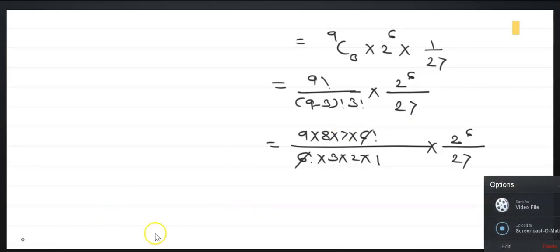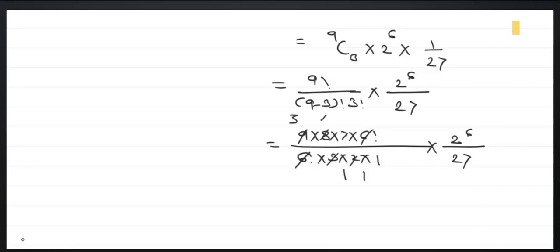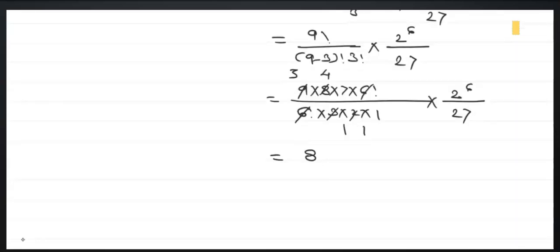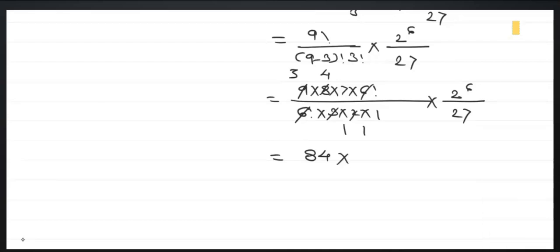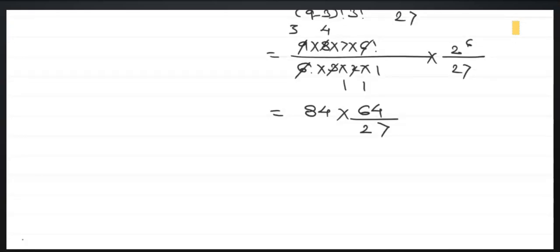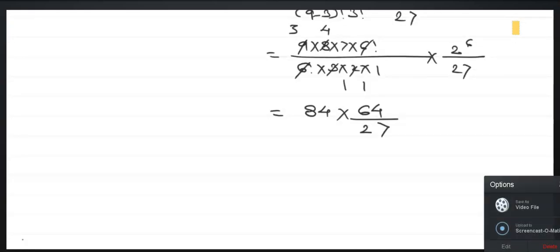This 6 factorial can cancel. This is the calculation. Therefore, 84 into 64 upon 27.